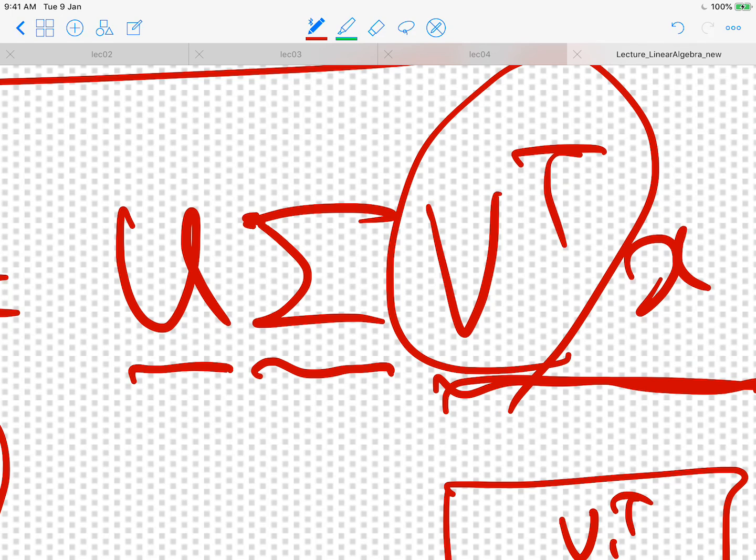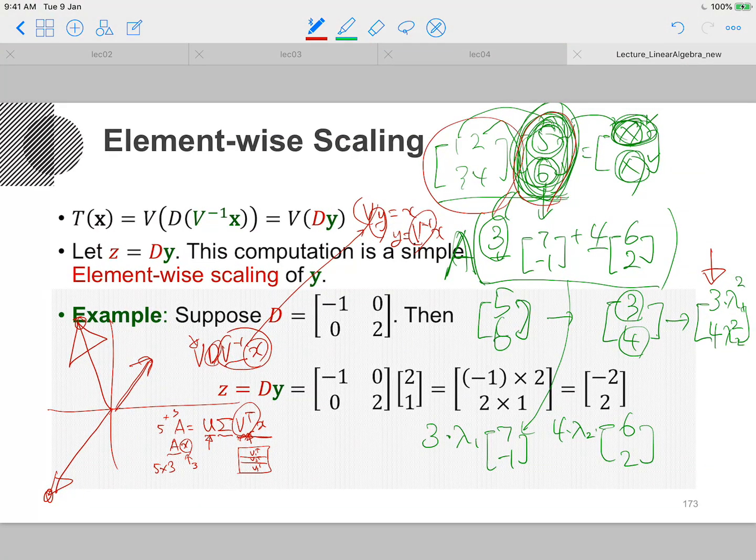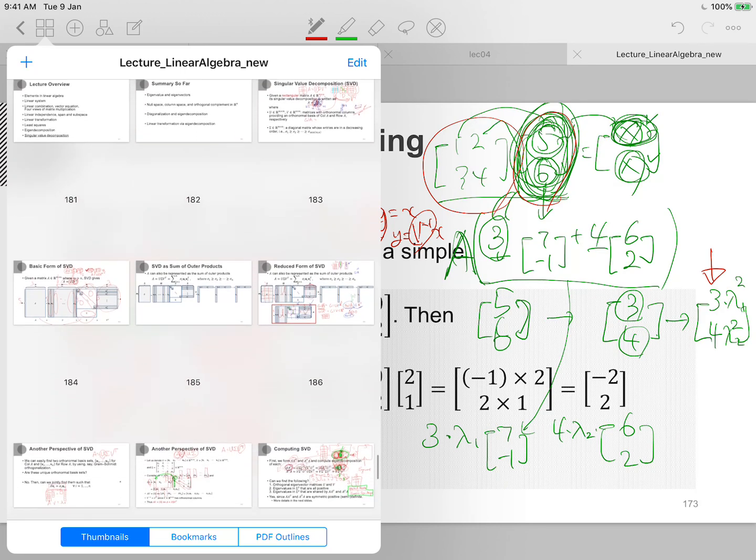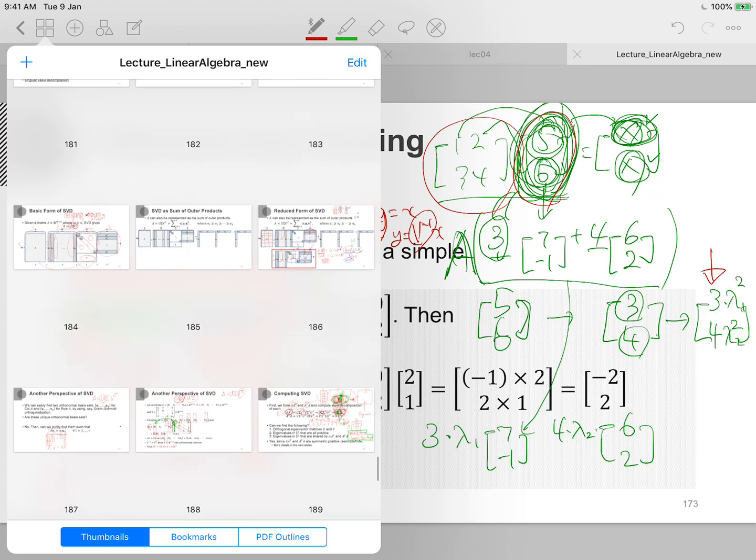But still, we can think of correspondences between a set of basis vectors corresponding to the input space and their pairwise corresponding output vectors. Okay. So that is another perspective of this SVD.